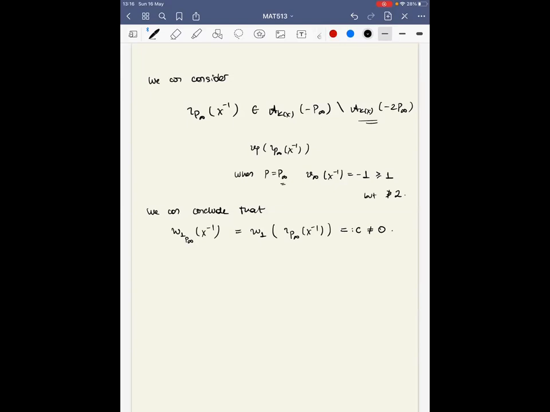So now we can set a Weil differential by using this constant c. So this is determined by minus c inverse times omega 1.